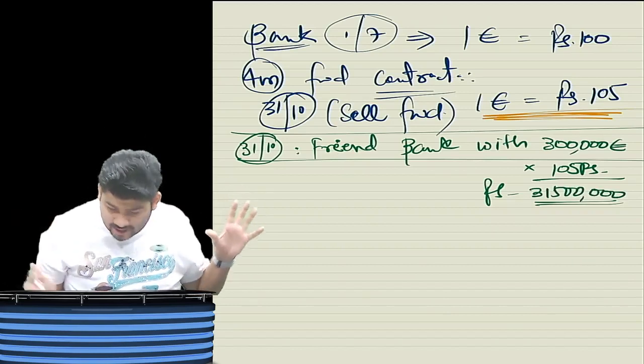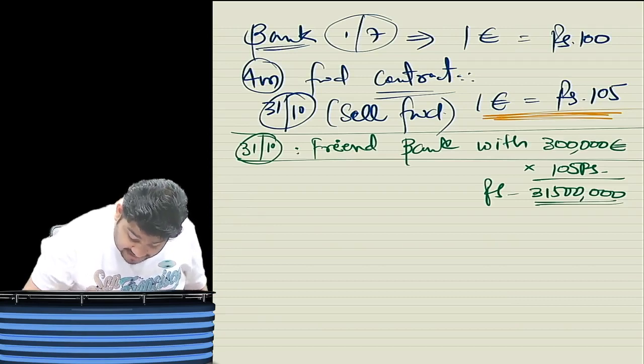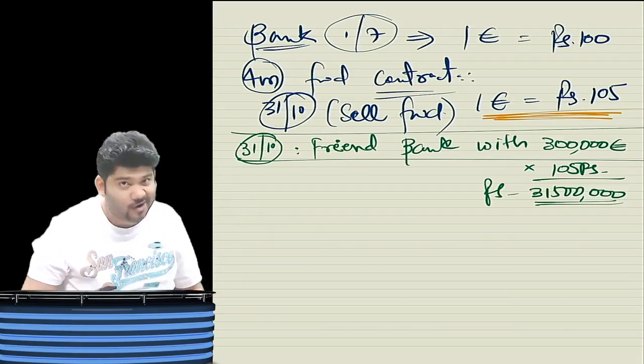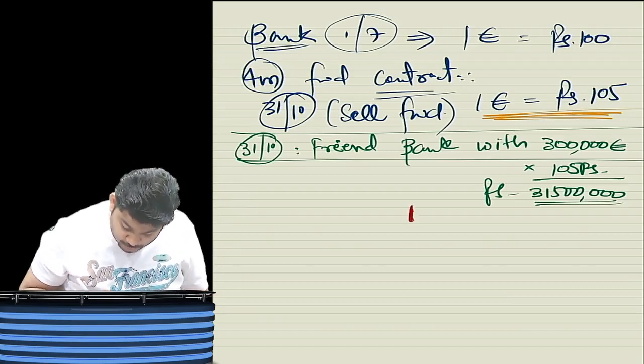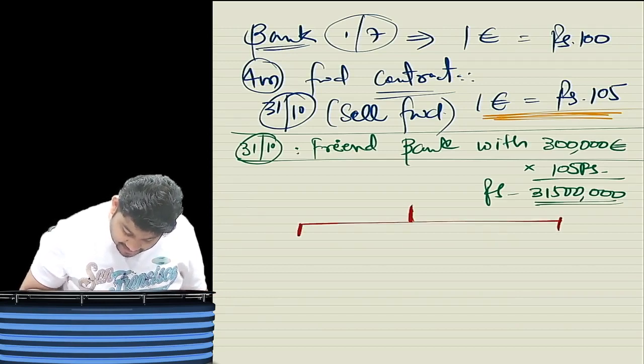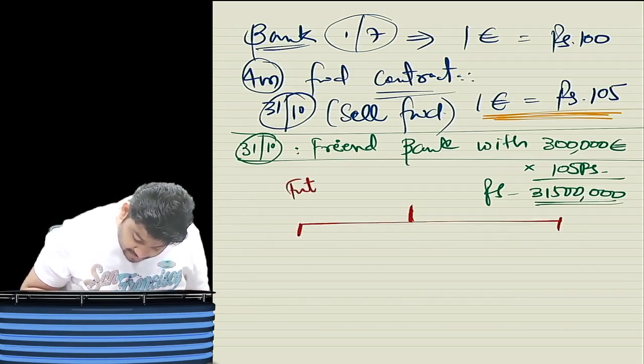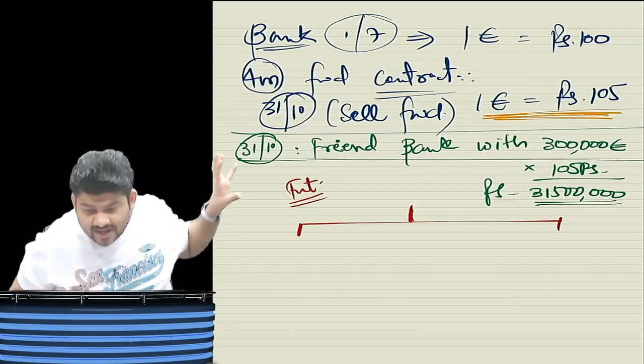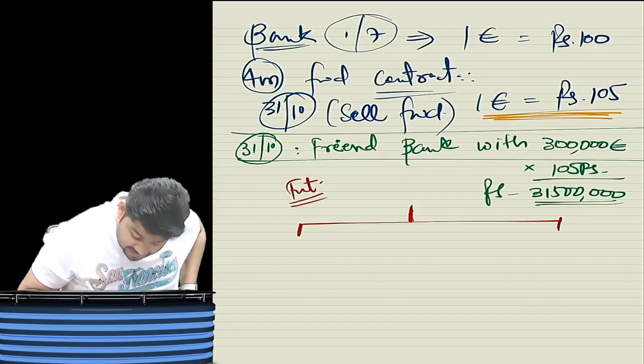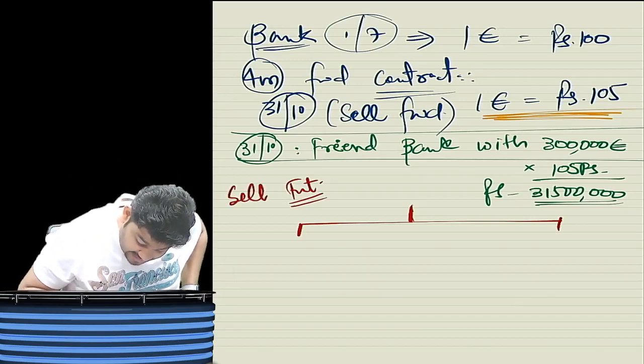Wow. Now suppose if he had not entered into a forward, but had entered into a future transaction. Wherein, what is he doing with the future? He is selling the future.